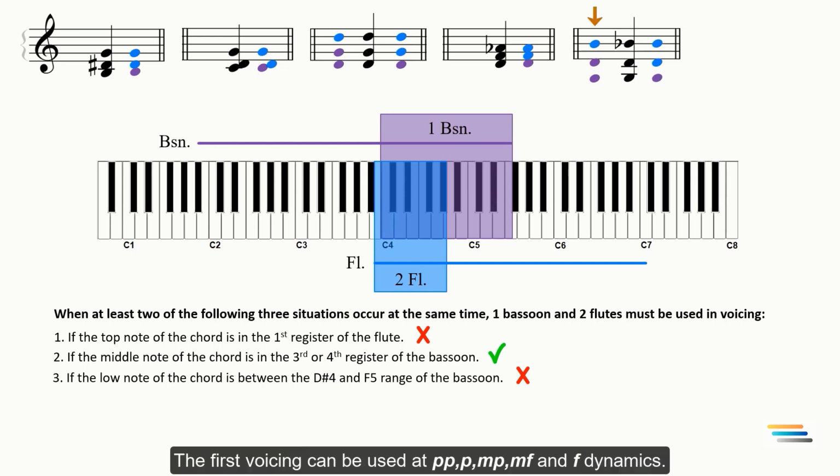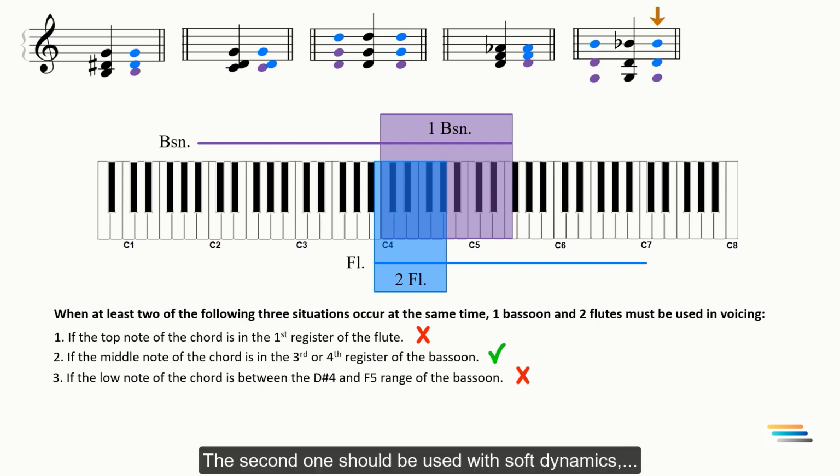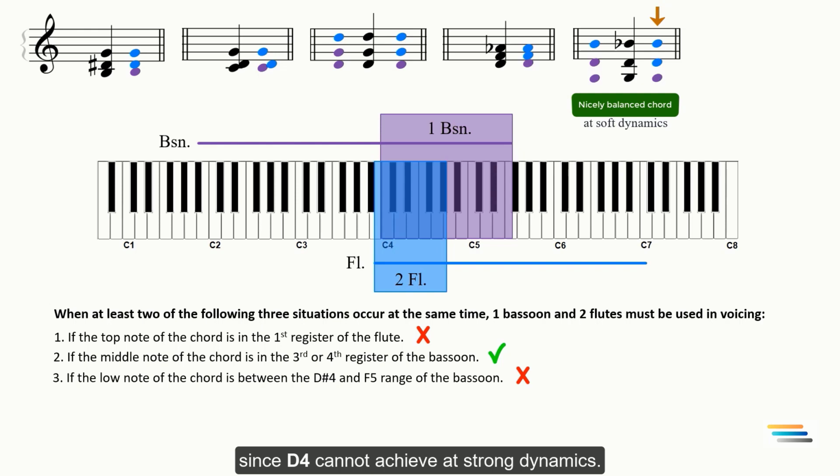The first voicing can be used at pianissimo, piano, mezzo forte, and forte dynamics. The second one should be used with soft dynamics, since the D4 cannot achieve strong dynamics.